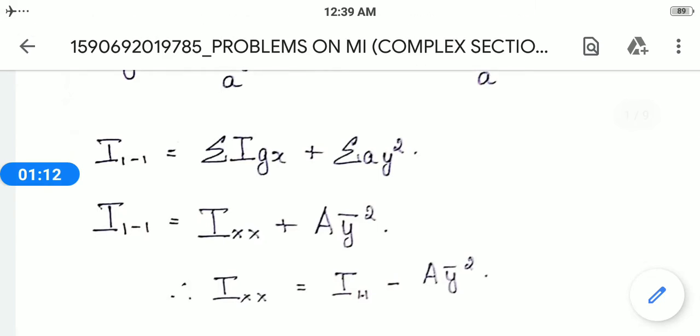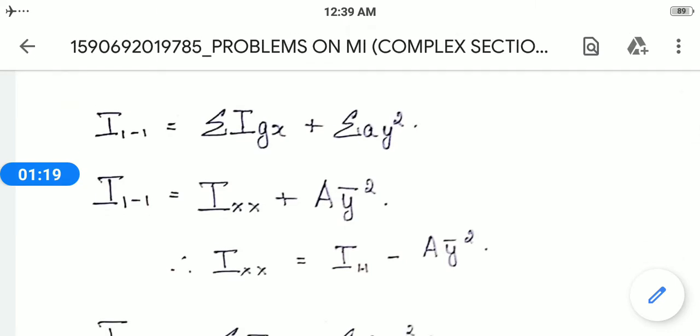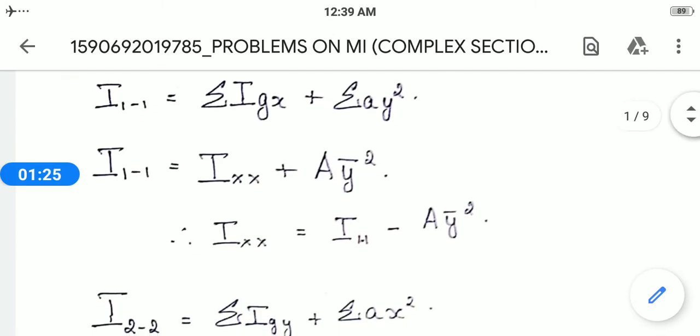According to the formula's needs, you have to make a table and find the values. From that you can substitute and find your Ixx value, that is Ixx is equal to I of 11 minus capital A into Y bar square, where capital A is equal to your summation of area.